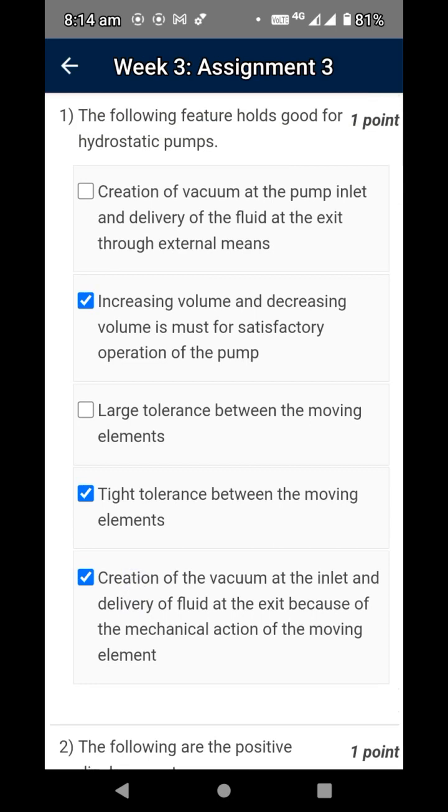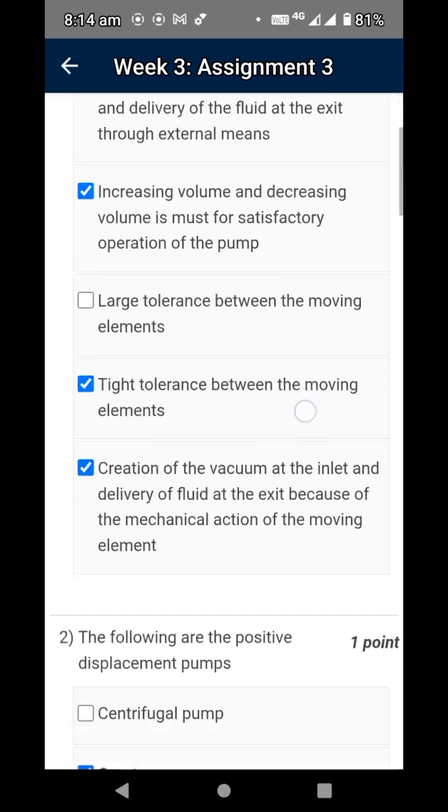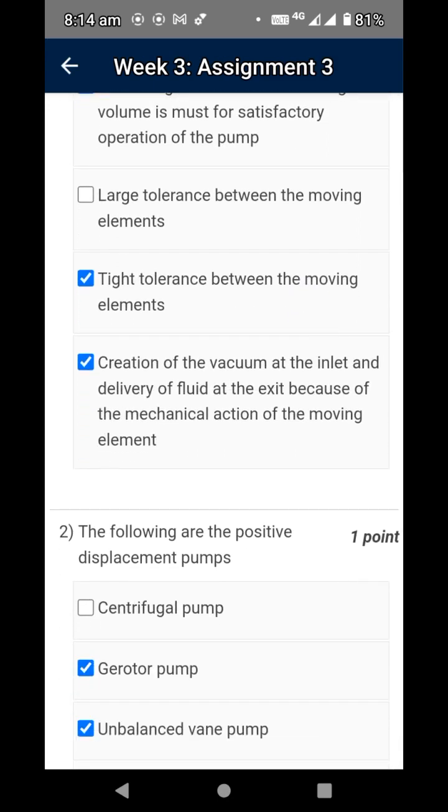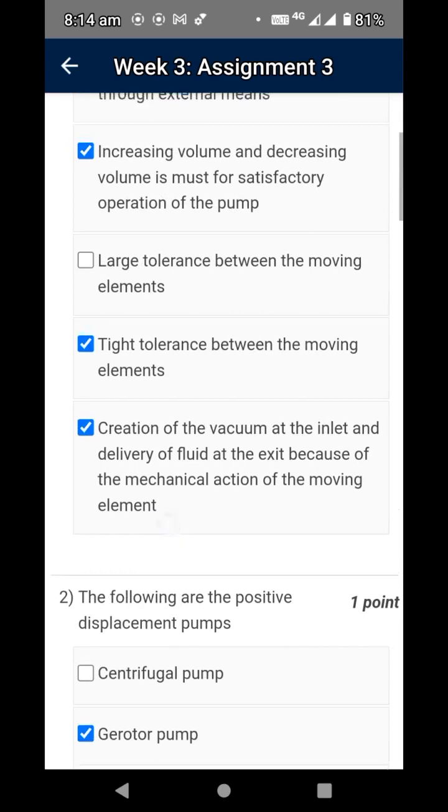Due to that operation, we get a positive displacement pump, which means whatever quantity comes to the inlet, the same quantity will come to the outlet.